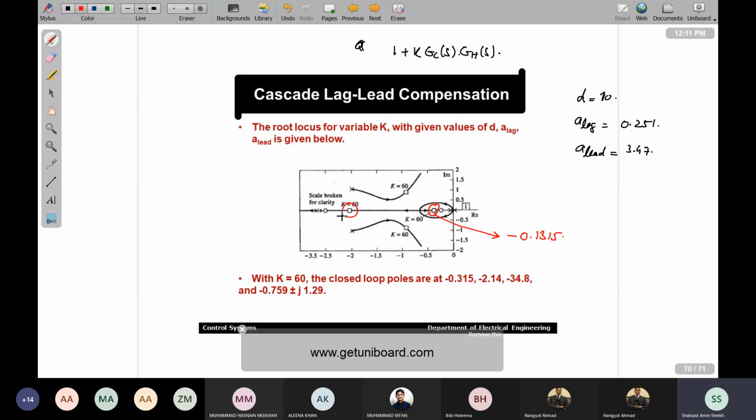This is -2.14. The scale is broken and this pole should be -34.8. There is some problem with this figure. -34.8 and -0.7596 plus minus.